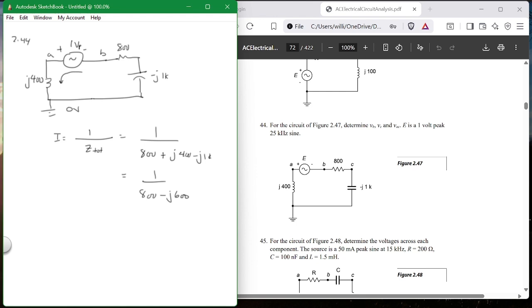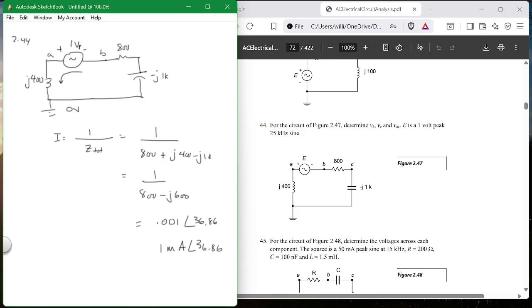So what is I? 1 divided by parenthesis 800 minus 600 I parenthesis, equals, it's equal to 0.001 or 1 milliamp at angle 36.86 degrees.